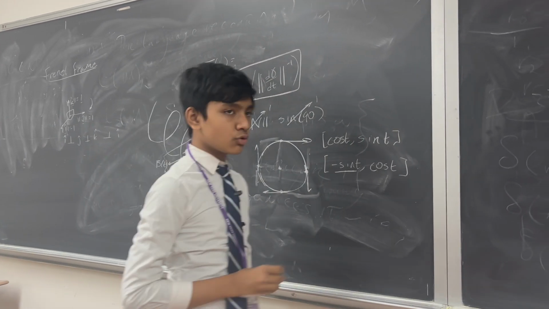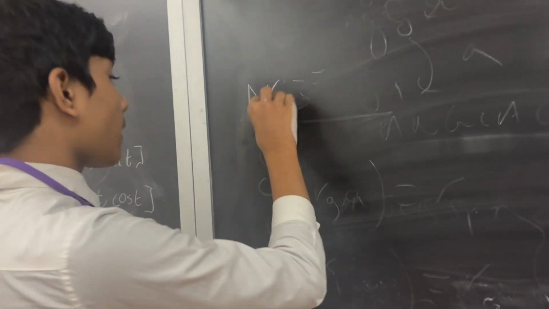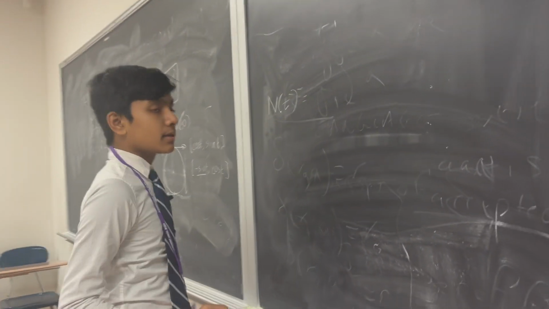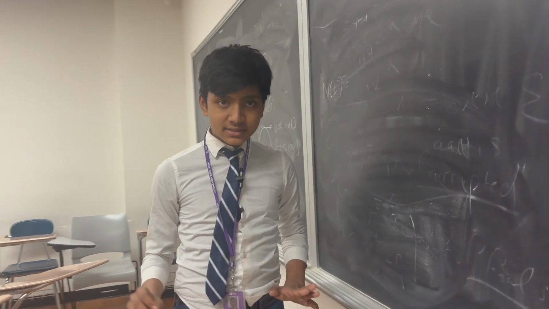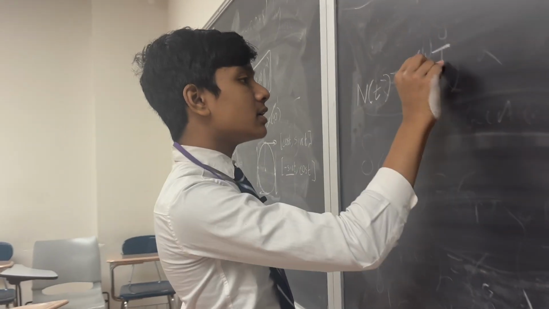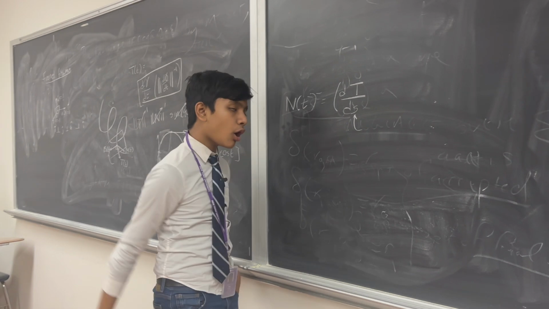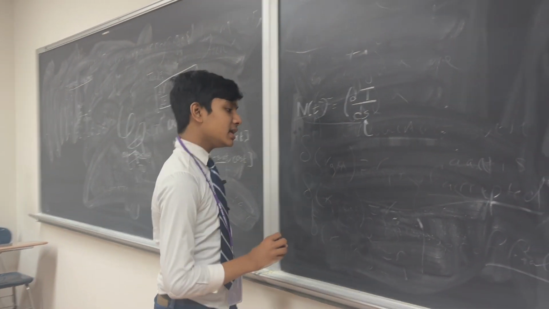What about the unit normal vector? Well, that's a little bit more complicated. Now, on the face, it's just equal to the normalized version of dT ds, where s is actually arc length. So what does that mean?